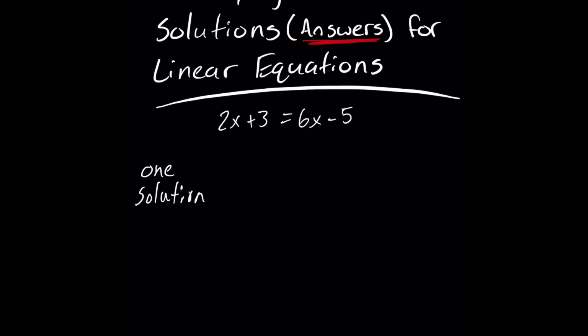The reason we know they have one solution is because once we solve the equation, we get that x is equal to whatever number. That number is the only number we can put in for x to make the equation true, where you have the same number on both sides. Okay, so that would be your first option for types of solutions.